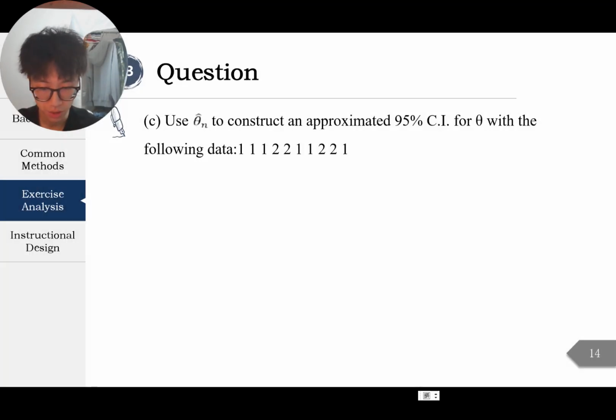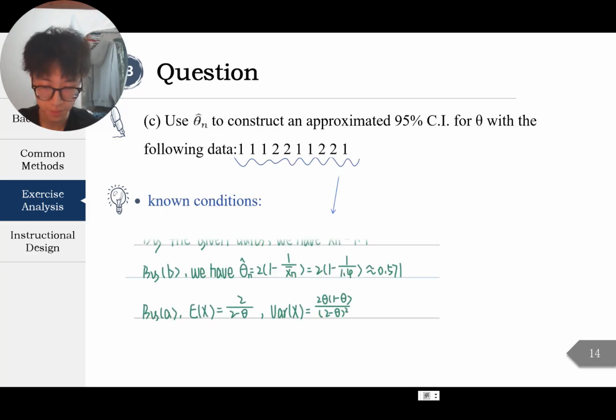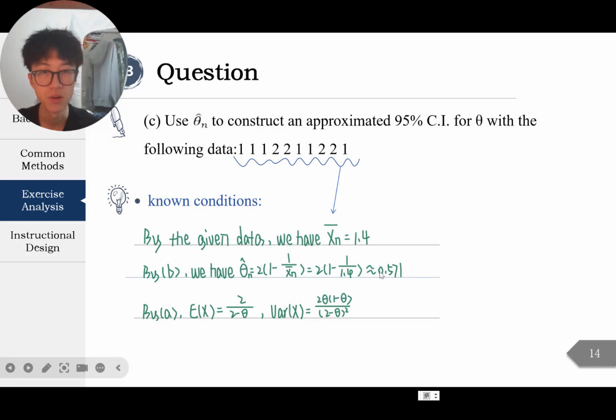In order to get the confidence interval of theta, we first look at the known condition. According to the provided data, we can get that the sample mean is equal to 1.4. And by numerical substitution, we can get that the estimator of theta is approximately equal to 0.571.